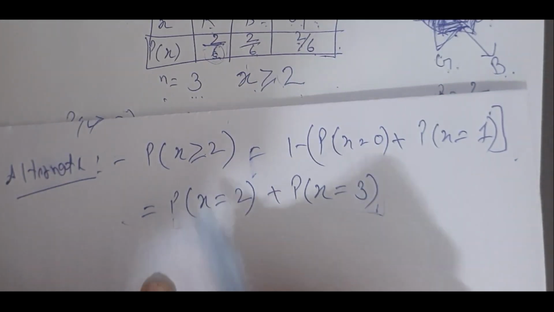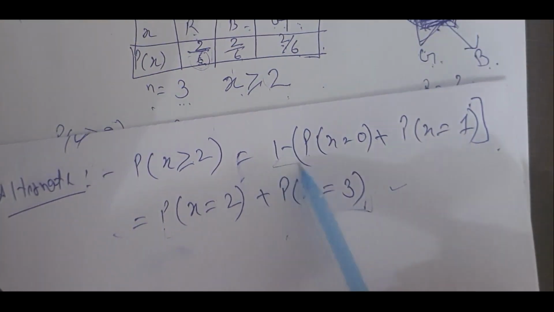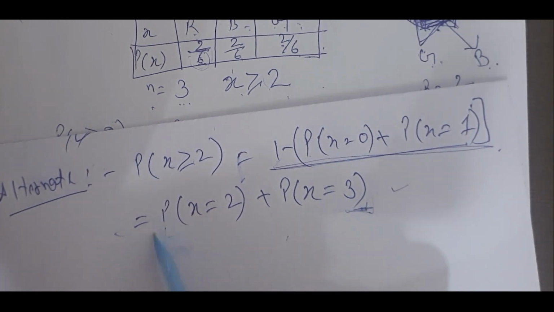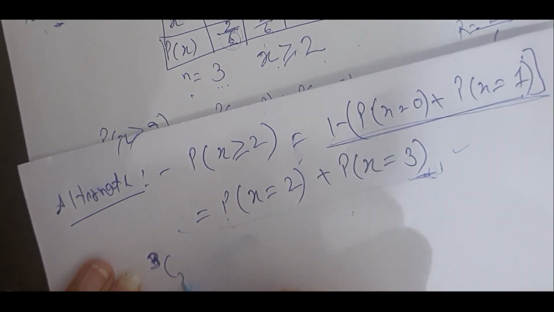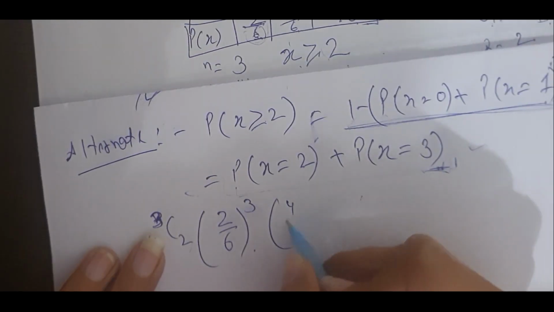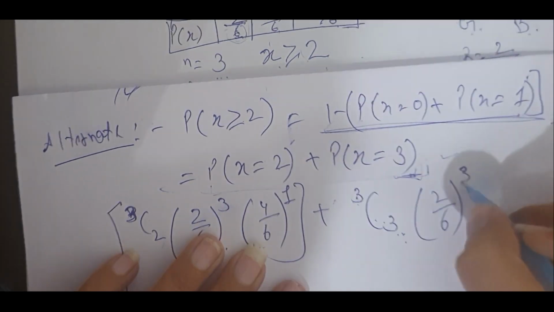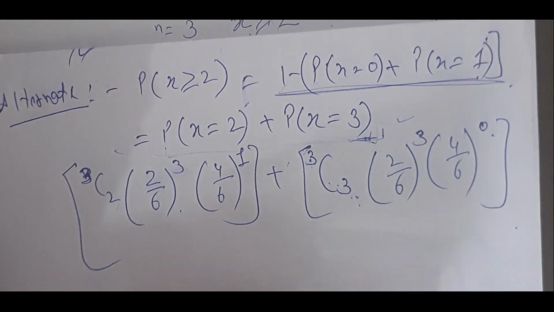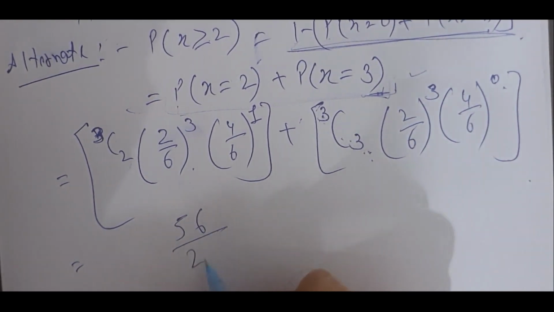In previous cases N was a large number, so we did it with the other method, but here N is small so we can do it like this too. NCX, that is 3C2 times 2 by 6 squared times 4 by 6, plus 3C3. Here we can do it like this also, and the answer will come out the same.